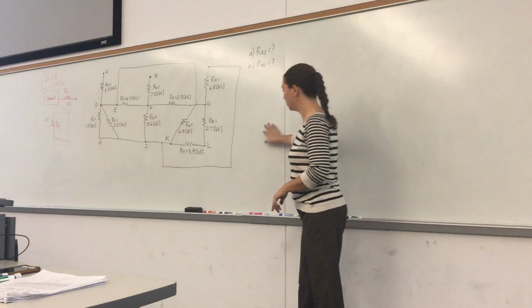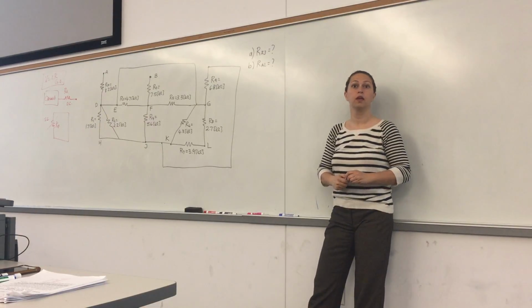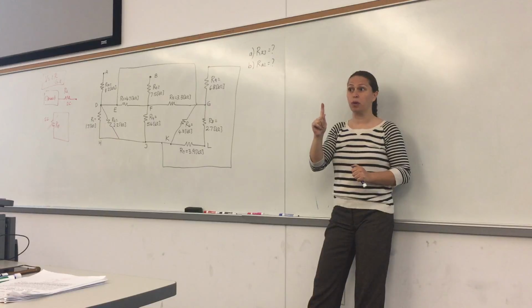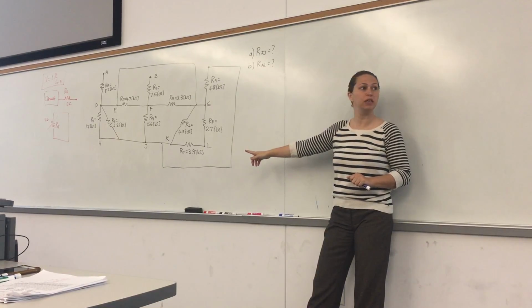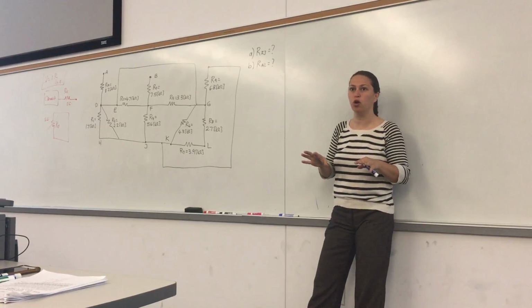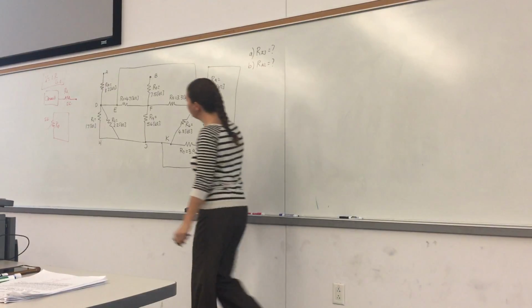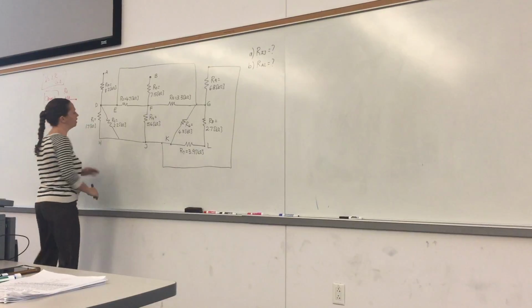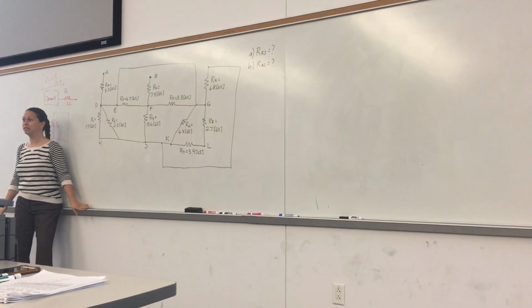How do you first start on that? Identify the nodes. First thing is labeling the nodes. Now, when you are labeling the nodes, you have to be careful that you do not give two different names to the same node. So, if you look over here, the nodes are already labeled. Are they all right?